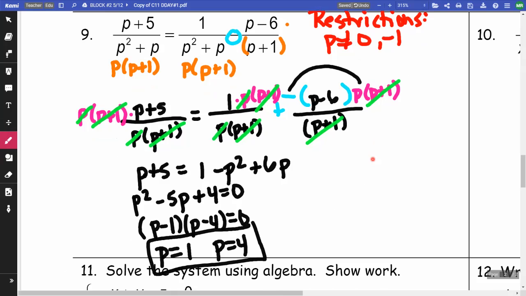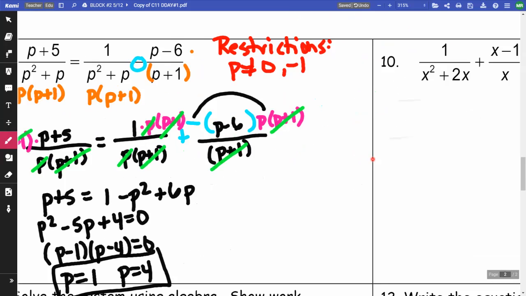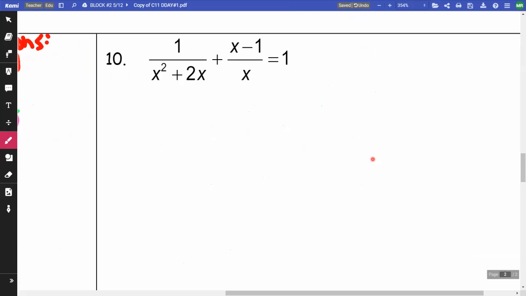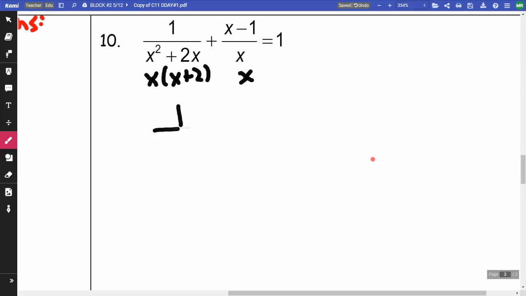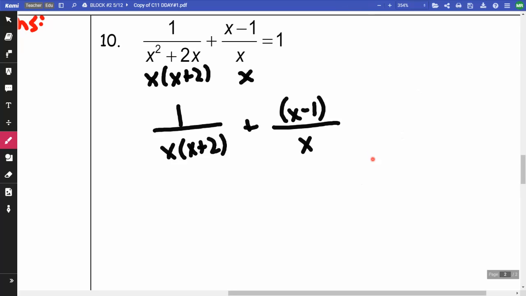On number 10, again, similar idea. We're going to factor out the x from this. And over here, I do have an x. So if I'm writing this, I'm going to have 1 over x times x plus 2, plus x minus 1 over x, equals 1.